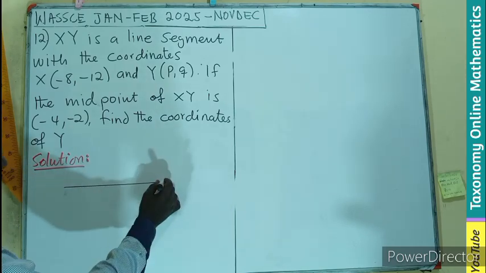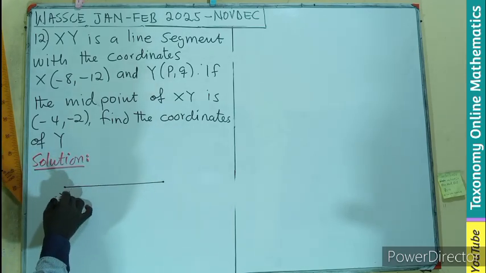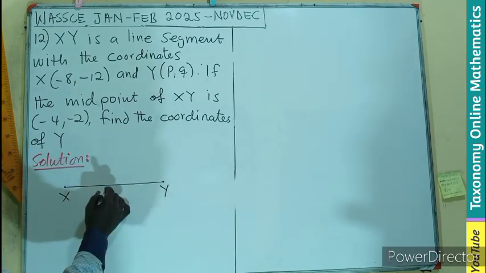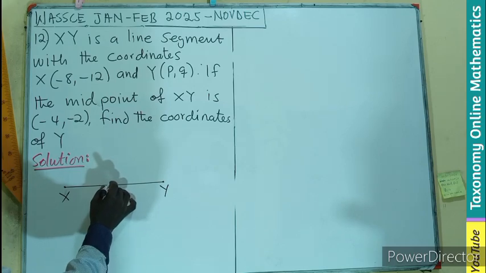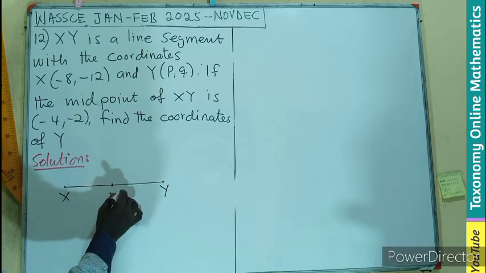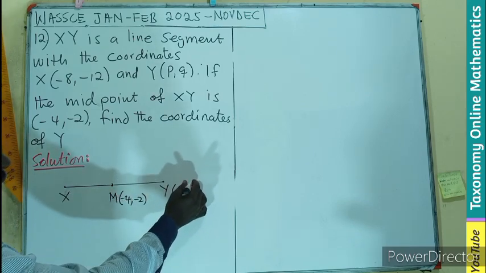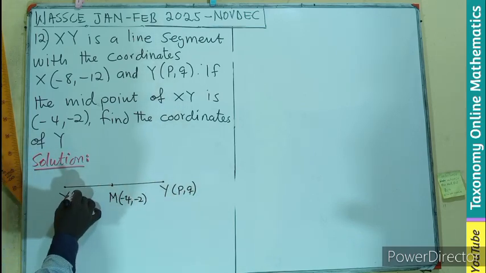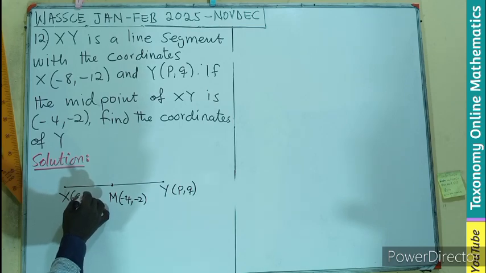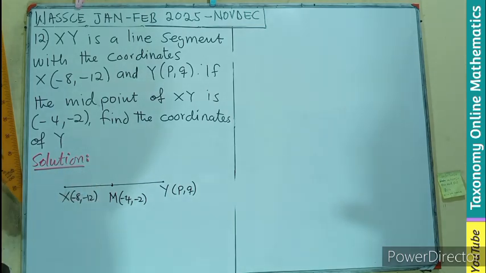So if I have a point X and Y, and I have a midpoint which is M (-4, -2), and Y is (P, Q), X is (-8, -12).